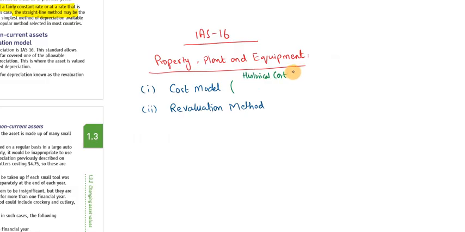Historical cost means initially we will record the asset at cost, then minus accumulated depreciation. So this is actually the cost model we have discussed in the earlier example.